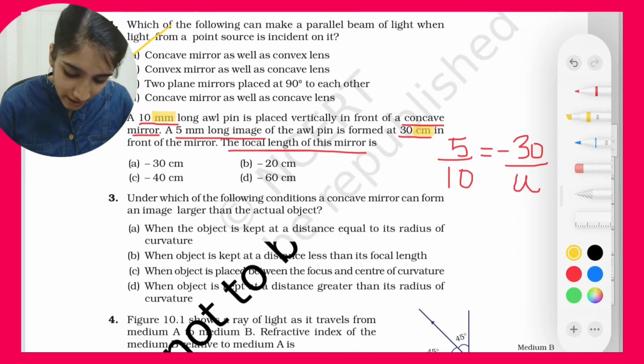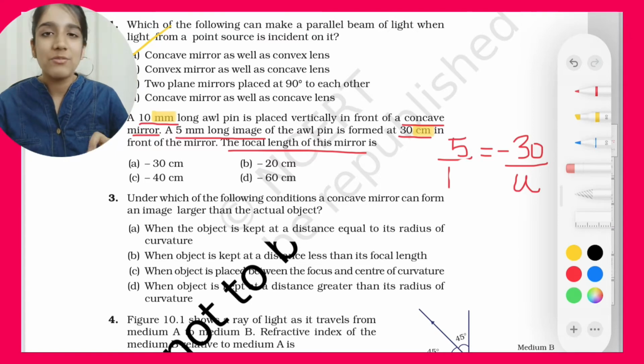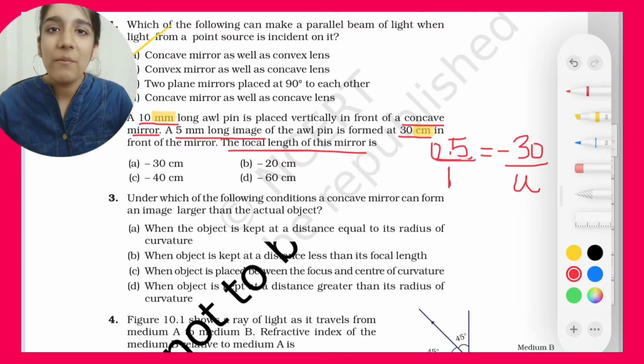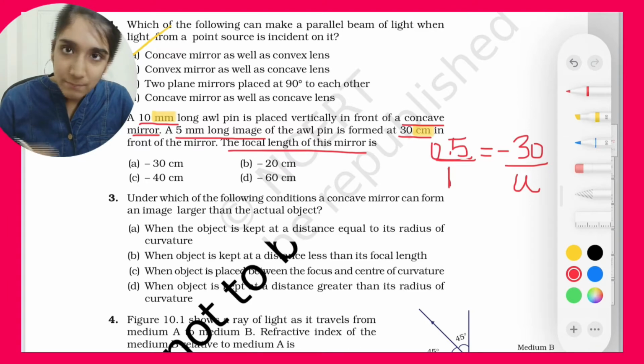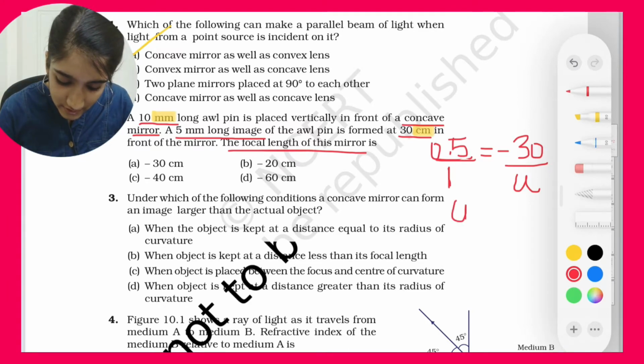So here I will just write 1 centimeter, and if I convert 5 millimeters into centimeters, it will be 0.5. So you have to be very careful with the units and the signs because these silly mistakes can deduct your marks. Okay, now let's simplify this. If we simplify, we will get object distance as minus 60 centimeters.